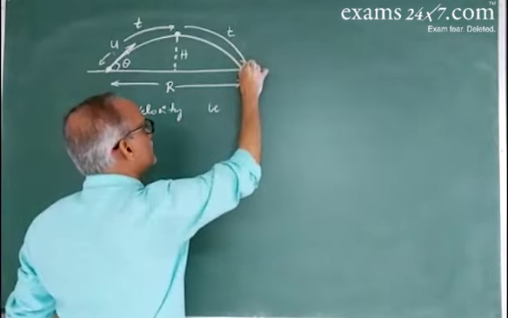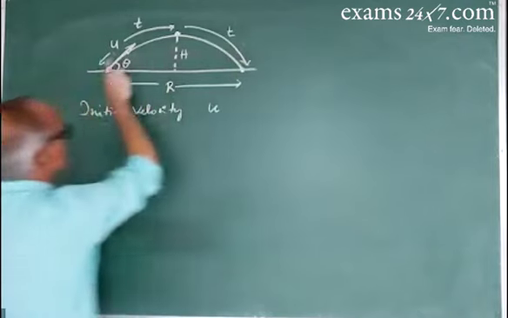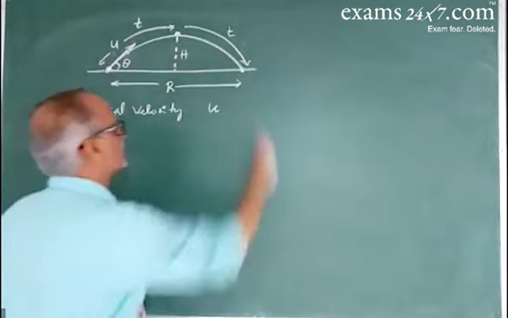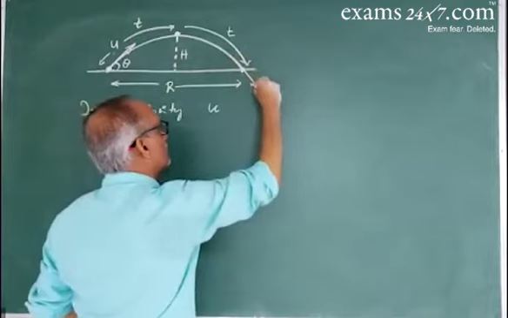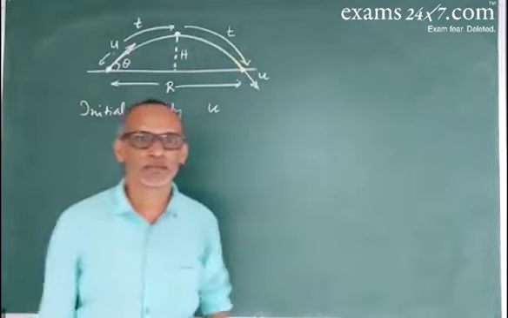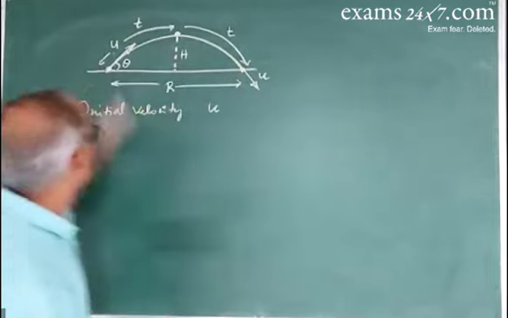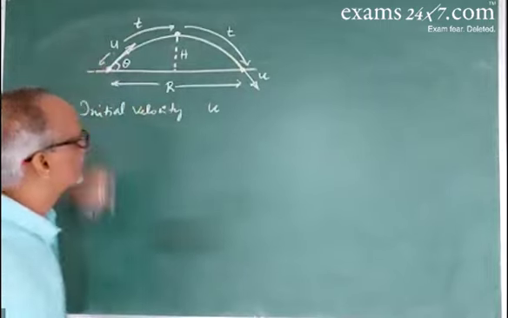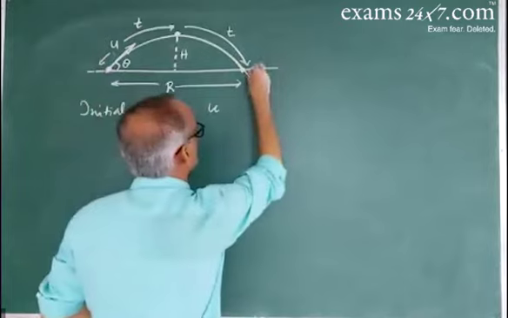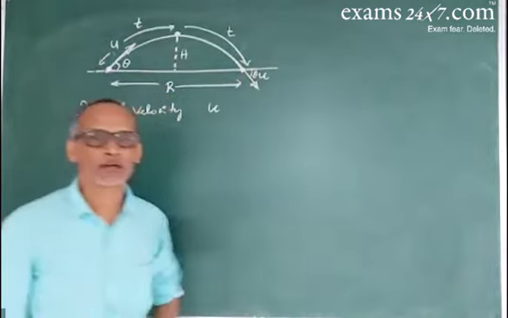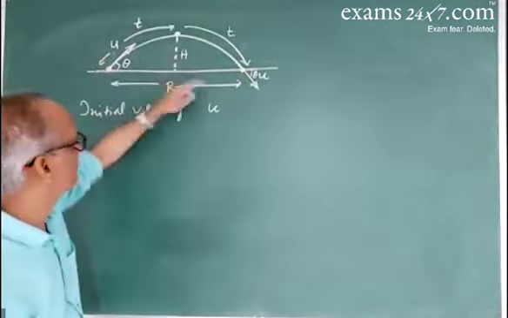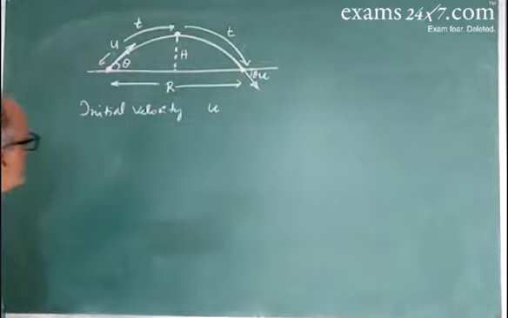So the velocity with which it reaches the ground is the same as the velocity with which it is projected. Therefore, here the velocity is u. Only difference is the directions are not the same. Here it makes an angle theta with the horizontal, and here also it makes theta with the horizontal. So directions are different, but magnitude is the same.